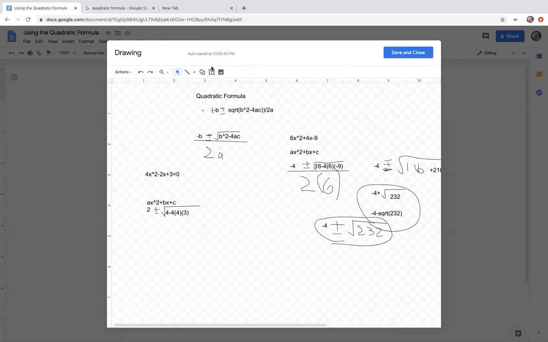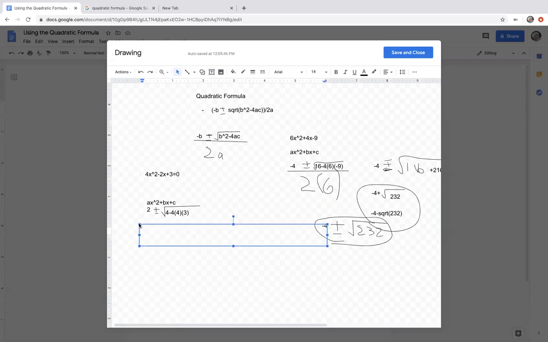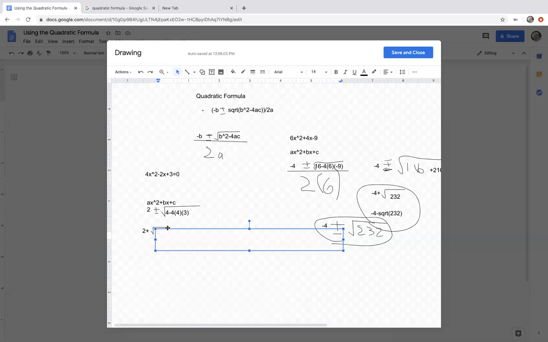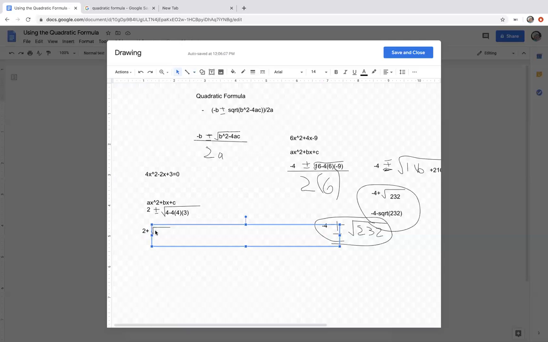So if you rewrite this, I'm going to split it up right here. 2 plus square root. Let's draw the square root symbol again. Square root of 4 minus, so 4 times 4 times 3 is 16 times 3, 48.